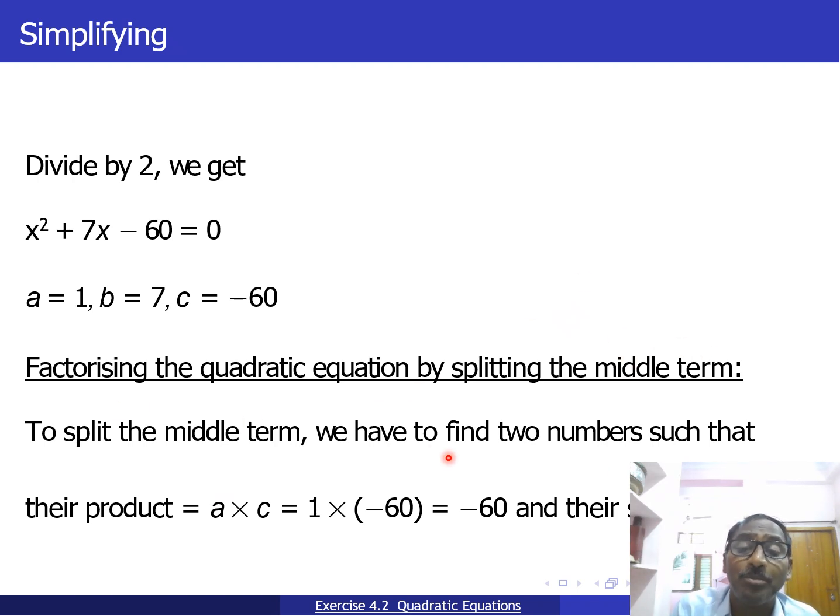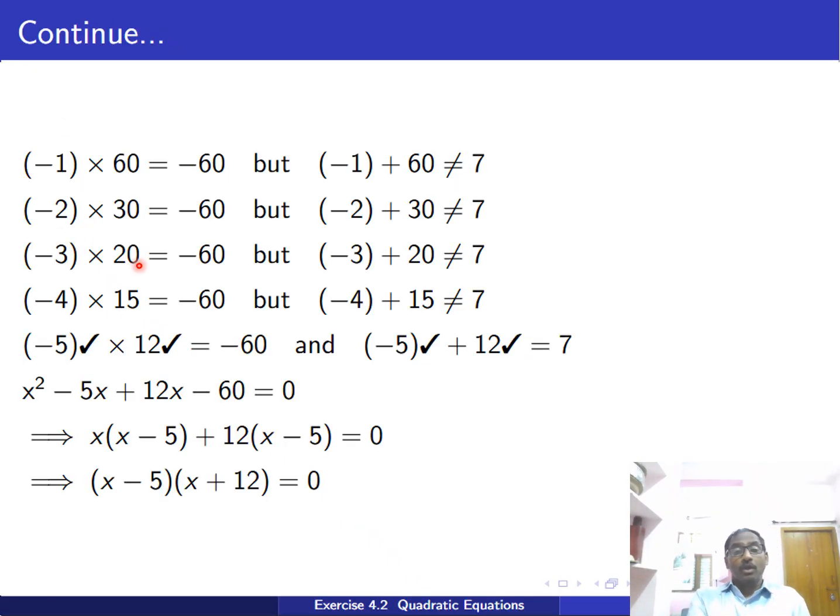To split the middle term, we have to find two numbers so that the product a times c, that is 1 times minus 60, equals minus 60, and their sum equals the x coefficient 7. So minus 1 times 60 gives minus 60, but minus 1 plus 60 does not give 7.